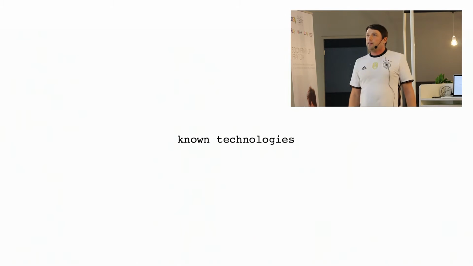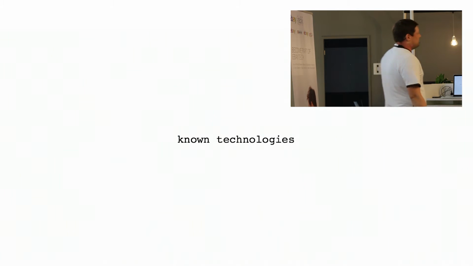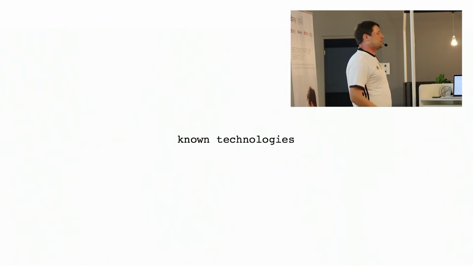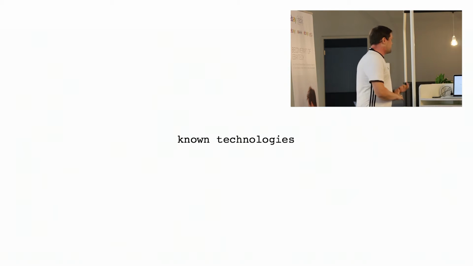One of the reasons is that the technologies are already known. If you're developing a web application, you have to deal with HTTP. For inter-module communication through HTTP, you already know the protocol and how to deal with that. Well-known technology.